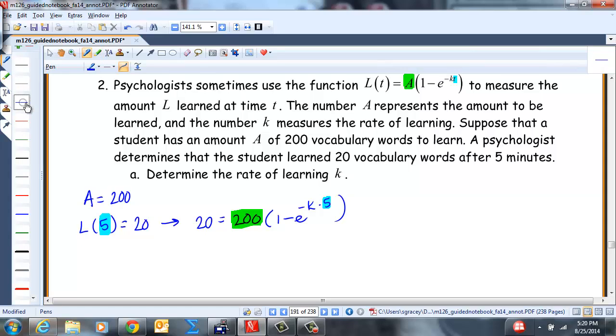So if I divide both sides by 200 to isolate the exponential, we'll have 1/10, or 0.1, is equal to, those divide out, 1 minus e to the negative 5k.